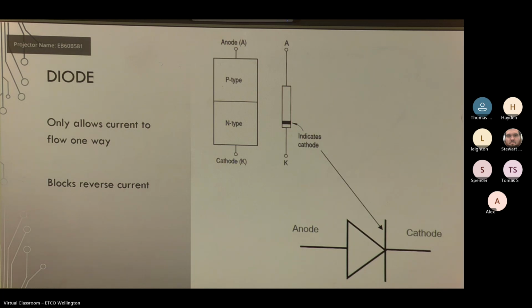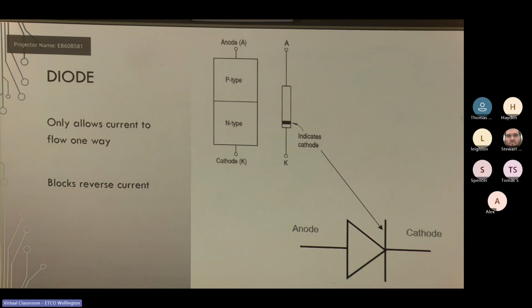Okay. Why don't you guys give me some examples of what we can use diodes for? Rectification, yep.